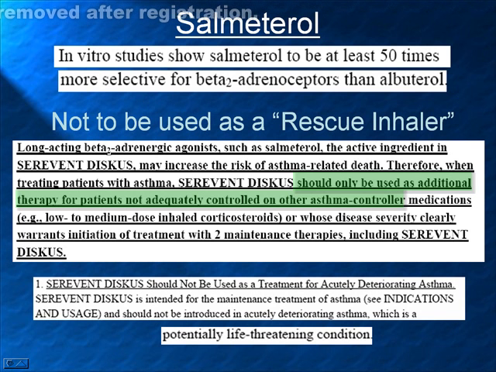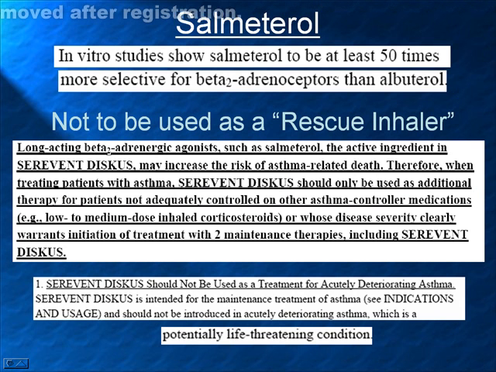And it's important to know that if you utilize Serevent for the treatment of acutely deteriorating asthma, it can result in serious and even potentially life-threatening conditions. So although we have beta agonist drugs that can help individuals, if you employ them in the wrong conditions, they can actually cause death in some situations.